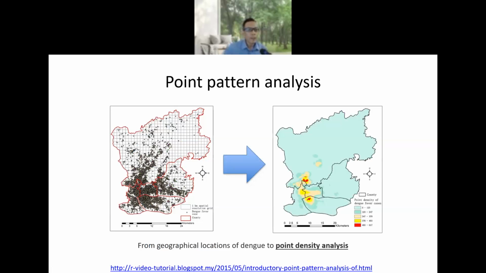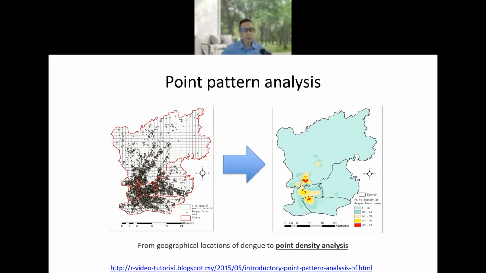Okay. So, and then this is the point, dot dot dot. Okay, and then from the points you can generate a point density map. In this map, for example, you can see areas that contain a higher number, not higher risk, higher number of cases.